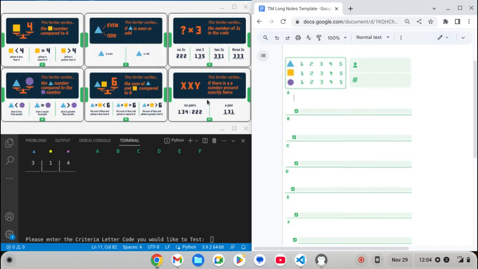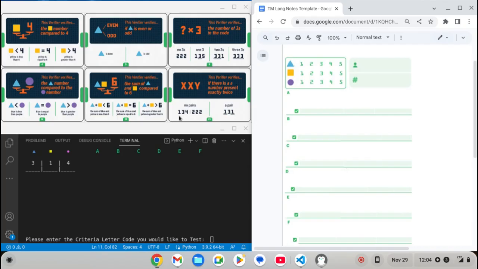And finally, criteria card F again takes a look at our 3-digit solution, except this time it'll let us know a little bit about its structure. Specifically, there are 2 cases. One where there is a pair in our solution, as in the example 131, or alternatively, there are no pairs, but there are 2 scenarios.